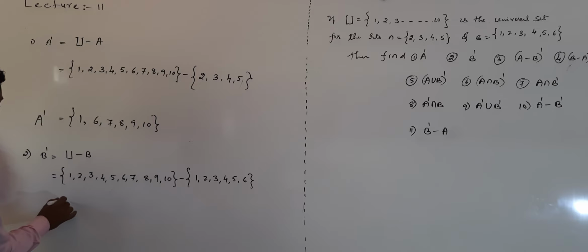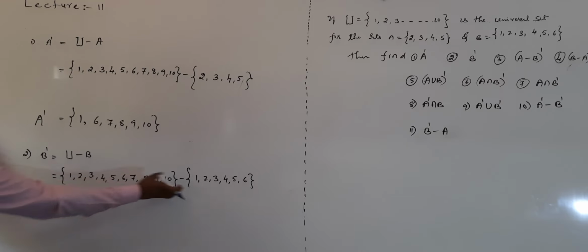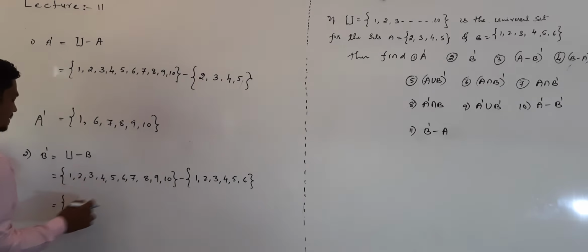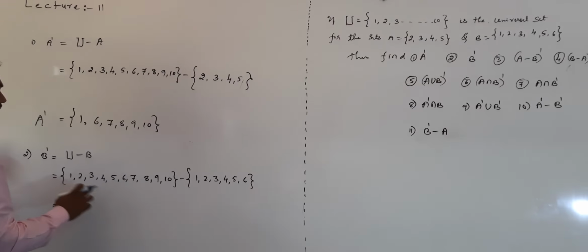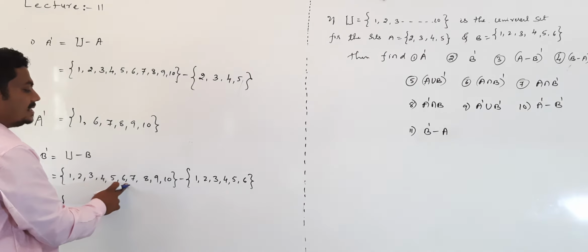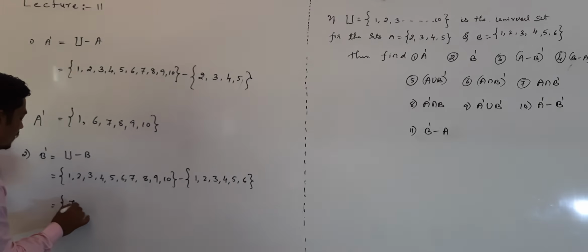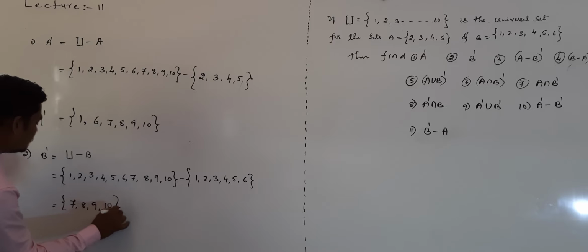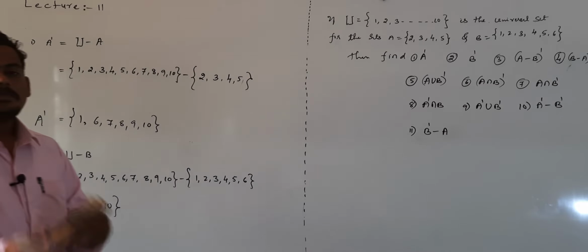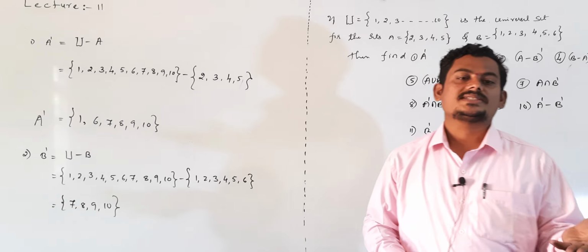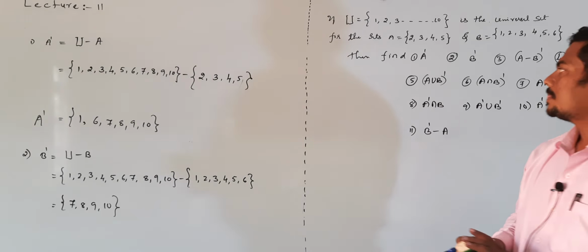Now, the difference of these two sets is nothing but the complement. 1 is there in both the sets, so get cancelled. 2, 3, 4, 5, 6 get cancelled. 7 onwards we should write 7, 8, 9 and 10. This is our B complement. B complement is a difference of universal set and B.